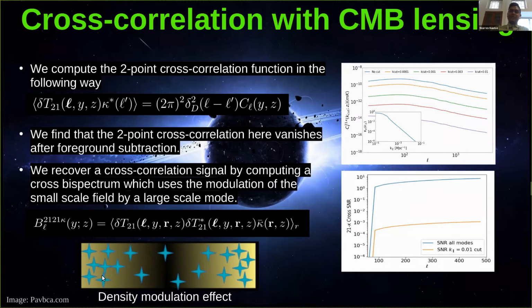And these blue stars are the small scale fluctuations probed by the 21 centimeter line. So where there is a higher density in the background, you have more clustering, or more correlation, of the 21 centimeter field. And where there's a low background mode, then you also have less clustering of the 21 centimeter field. So that's the signal we probe in the bispectrum.